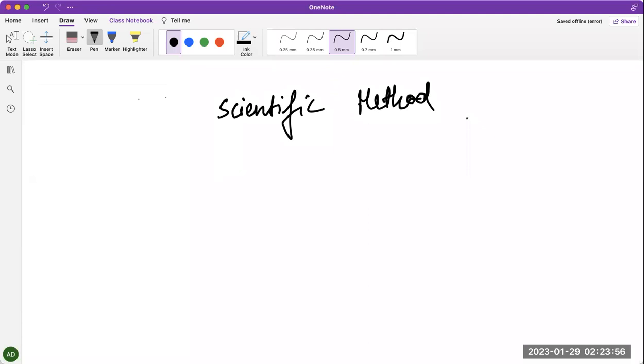So think of the scientific method as a logical, step-by-step approach to get to the conclusion, where you do your best to make sure that you're reaching the best, correct explanation, right? The best, correct conclusion.